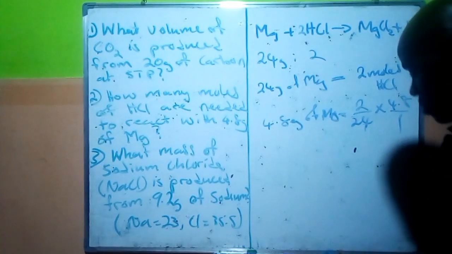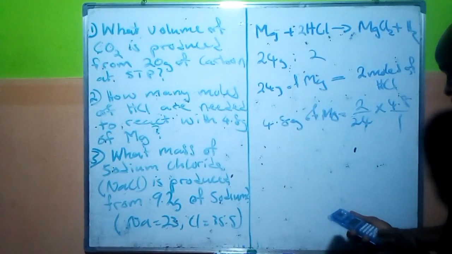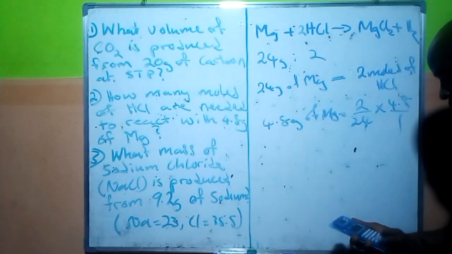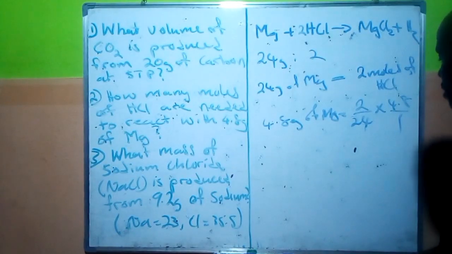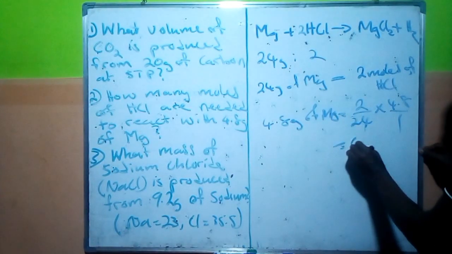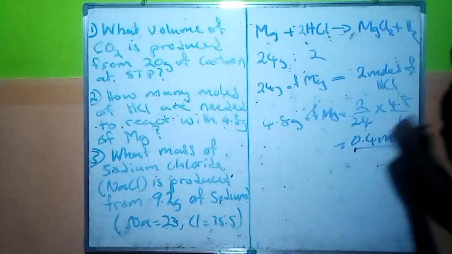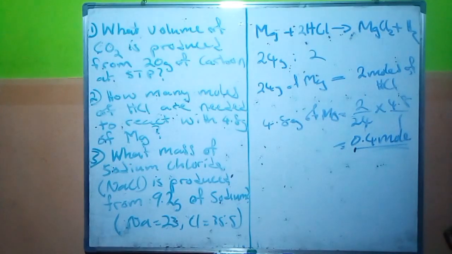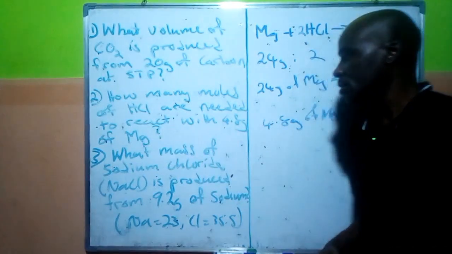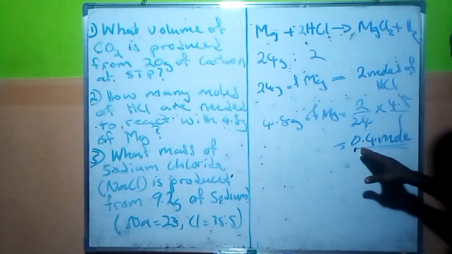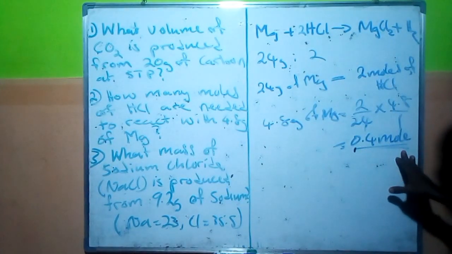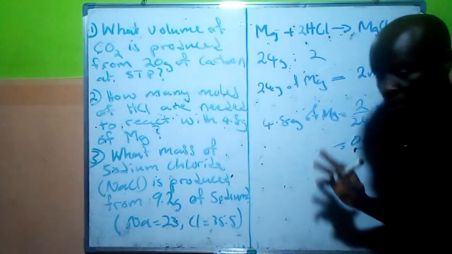So we have 2 times 4.8 divided by 24. So what we have here will be 0.4 moles. Mole of what? Hydrochloric acid. Say how many moles of hydrochloric acid? So we have 0.4 mole of hydrochloric acid.